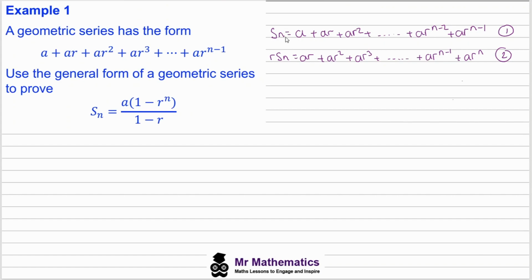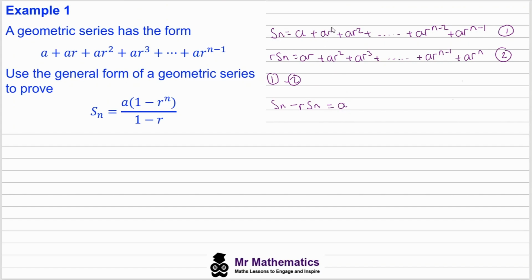So now to find the sum of these two series, what we can do is series 1 take away series 2. So we'll have Sn minus rSn. Then we'll have a, and there's no a term in the second series, so a.